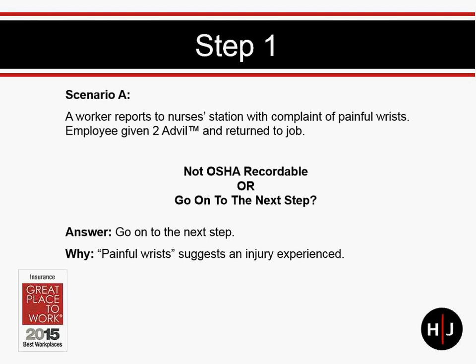It may not be OSHA recordable, because the type of treatment given was first aid. However, in itself, this is a musculoskeletal complaint, musculoskeletal disorders. These are the ergonomic things, and the sore wrists may or may not be related to work, but at the same time, they could be. So that's why they take you on to the next step. It's not always that simple.